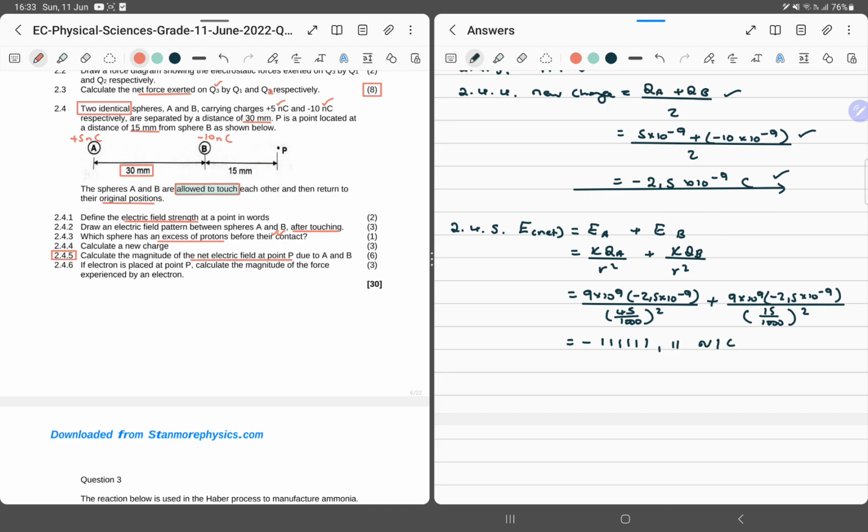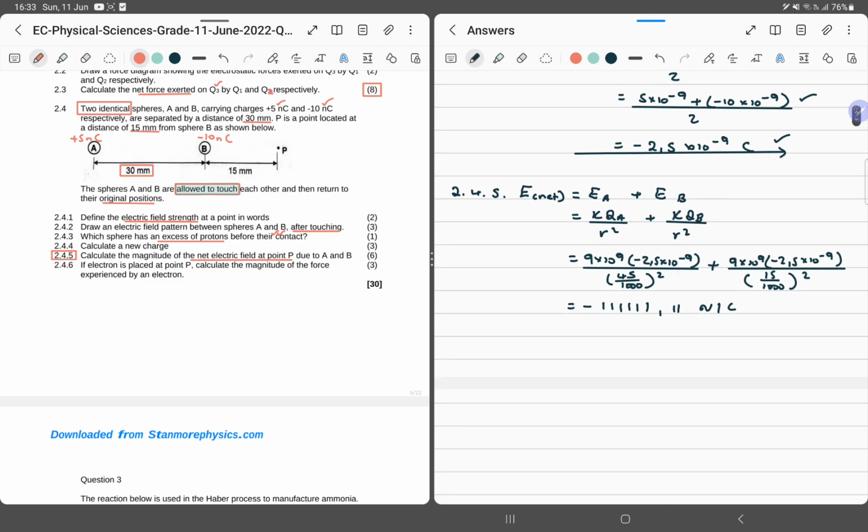Okay, and you can see here that this is negative, so it's going to the left. So this is just 1, 2, 3, 4, 5, 6, comma 1 1 newtons per coulomb to the left. Remember, an electric field is essentially a vector, but what is important, we were only asked for the magnitude.